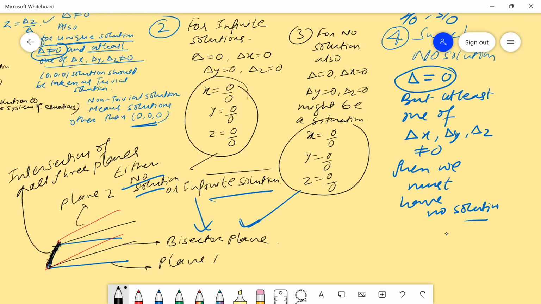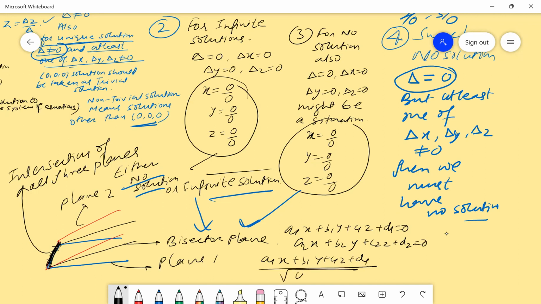Okay. So two planes, you can take any two planes, a1x plus b1y plus c1z plus d1 equal to 0. The second one, a2x plus b2y plus c2z plus d2 equal to 0. And bisector plane, you know, a1x plus b1y plus c1z plus d1 divided by under root a1 square plus b1 square plus c1 square is equal to plus minus the corresponding expression for the second plane.